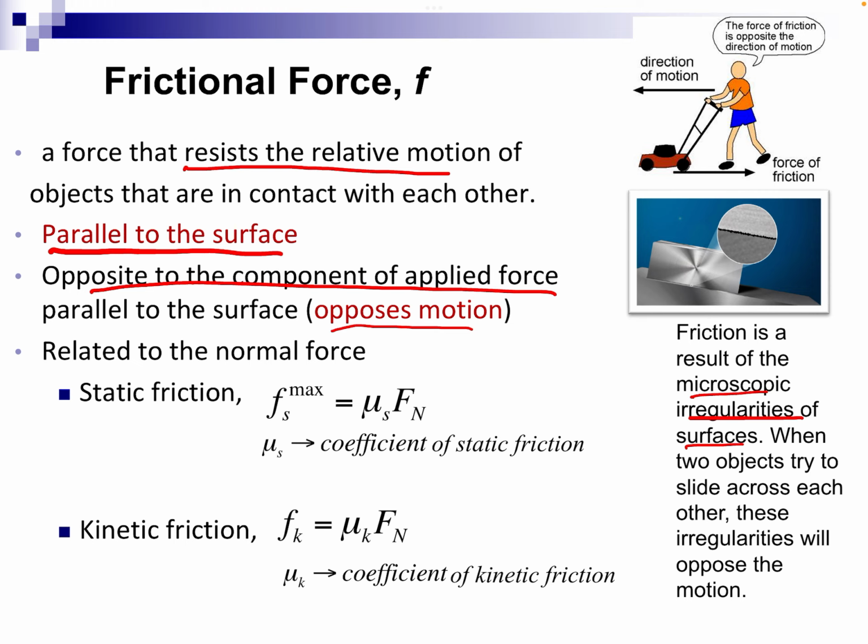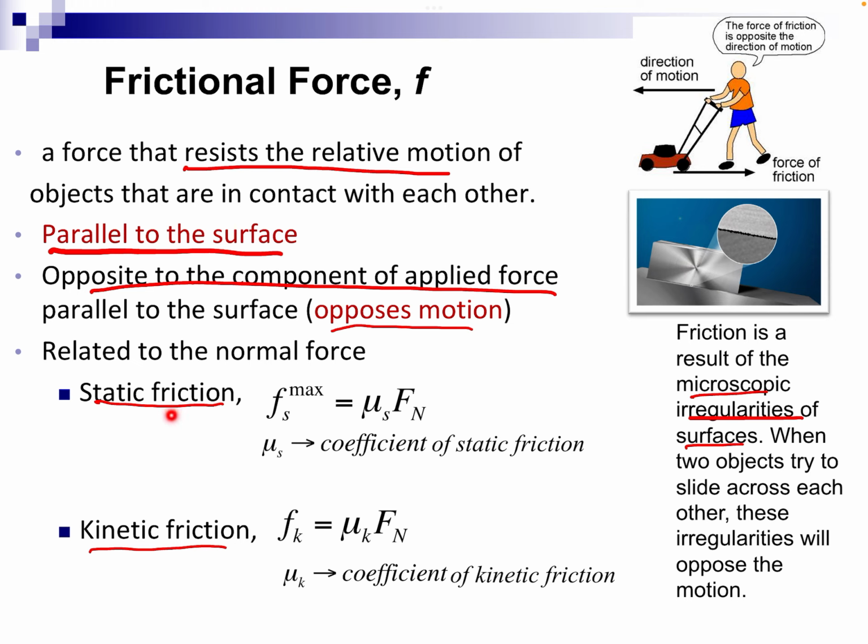There are two kinds of frictional forces: static friction and kinetic friction. The type of friction depends on whether the object has started to move, in which case we call the friction kinetic friction, right?